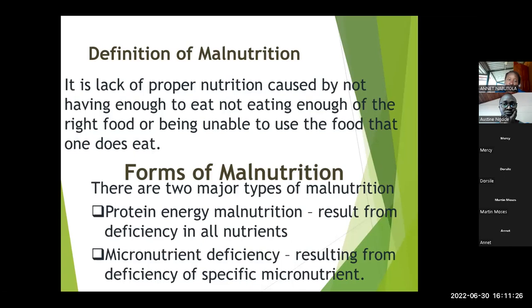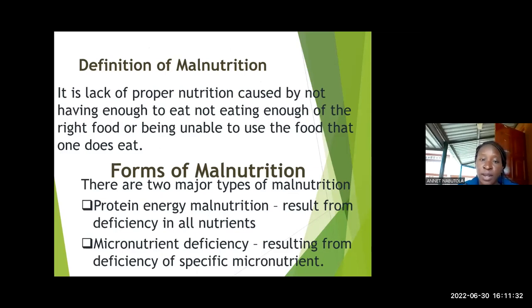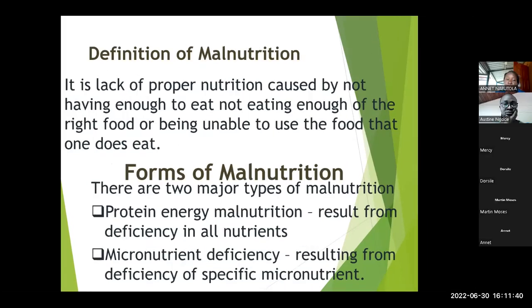There are two major types of malnutrition: protein energy malnutrition and micronutrient deficiency. Protein energy malnutrition is caused by lack of enough nutrients in the body, while micronutrient deficiency is caused by lack of a specific micronutrient. Those are the two forms of malnutrition.